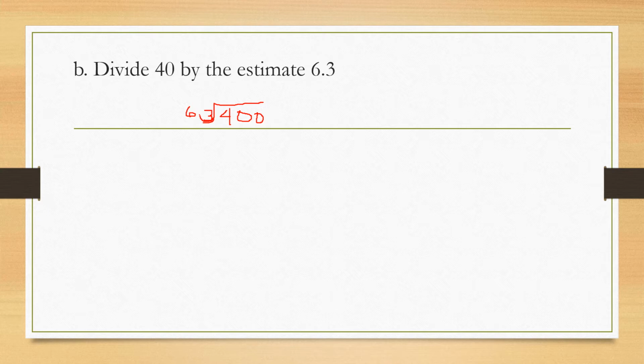So we have 400 divided by 63 equals 6. 6 times 3 is 18, carry 1. 6 times 6 is 36, plus 1 is 37. And then subtract.